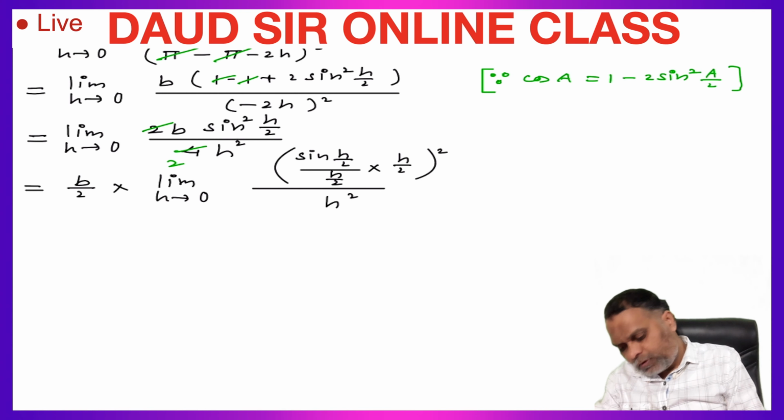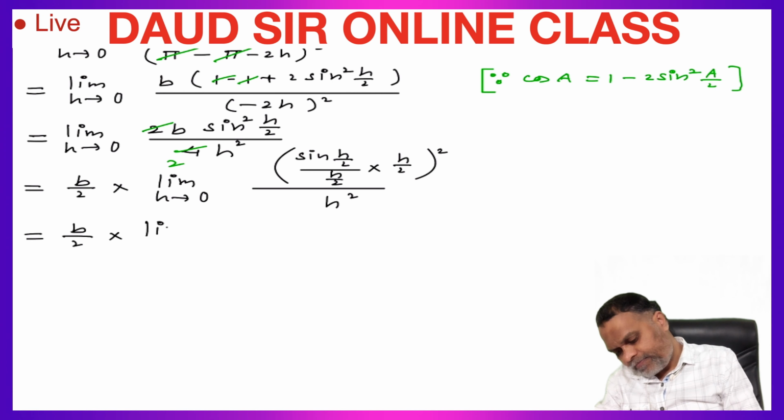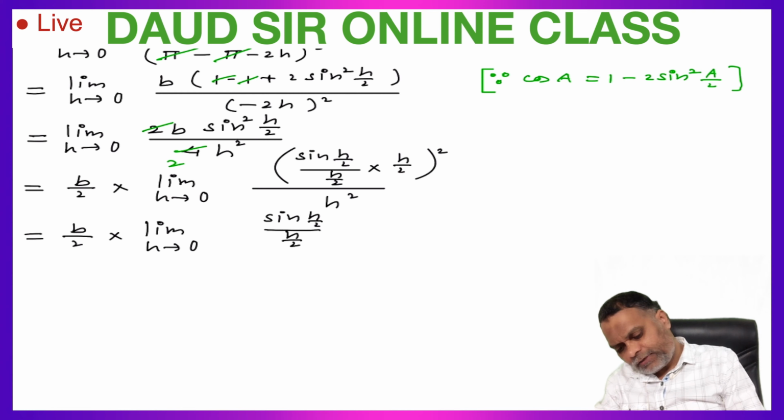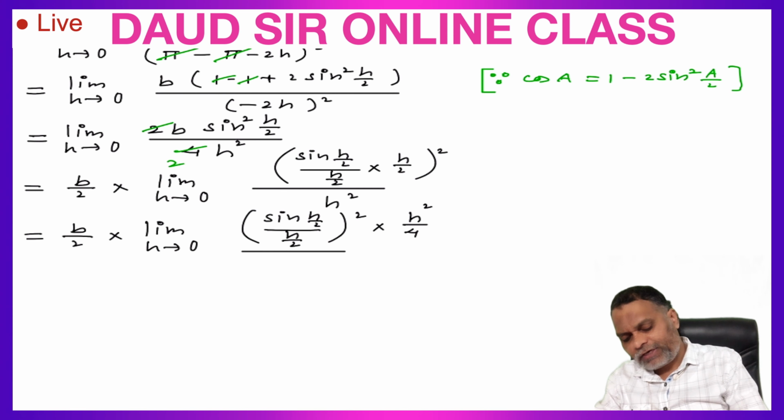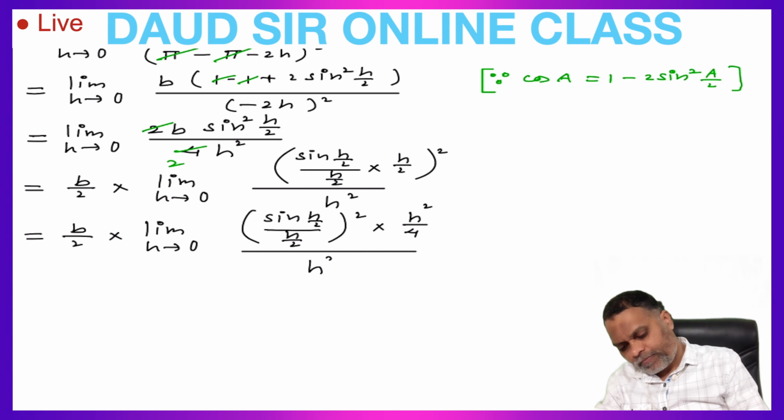Which is equal to b upon 2 into limit h tends to 0, (sine h upon 2 upon h upon 2) whole square into h square upon 4, upon h square.